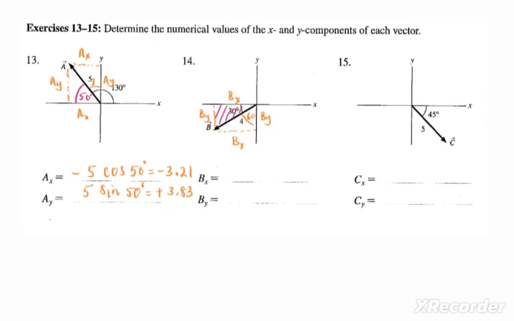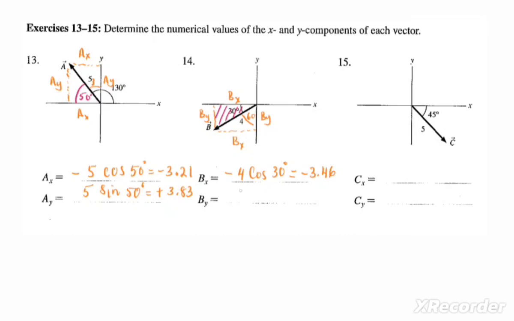So that gives us BX equals 4 cosine of 30 degrees. And because it is in the third quadrant, both x and y are negative. Remember to put the negative sign. So this gives us negative 3.46.